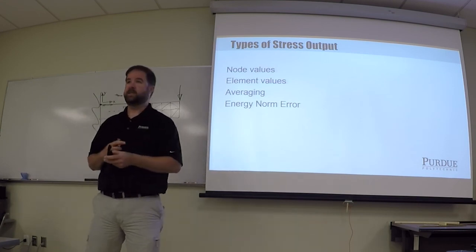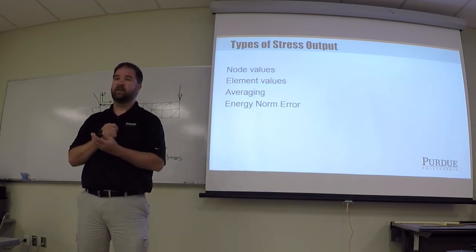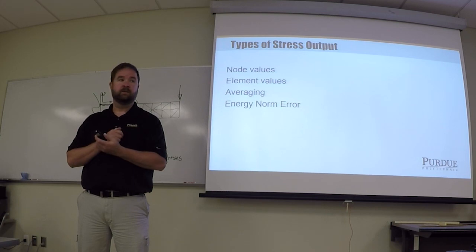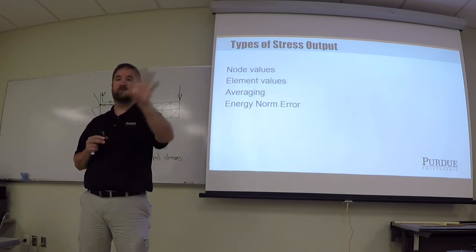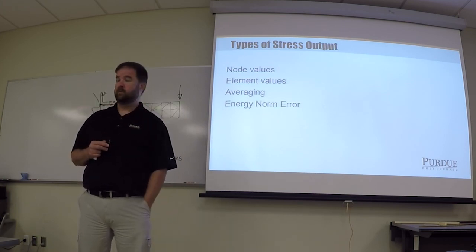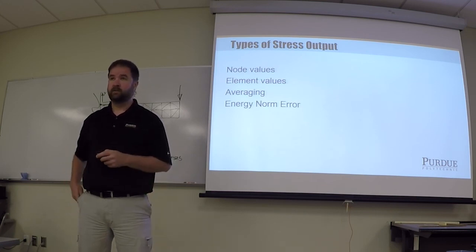I'm just going to tell you to try it and see what your mesh looks like. And we'll talk more about this in a future week. But you can create an output that shows where do I have good results in my model and where do I need to do some mesh refinement. And that energy norm error plot will be useful to you for doing that.